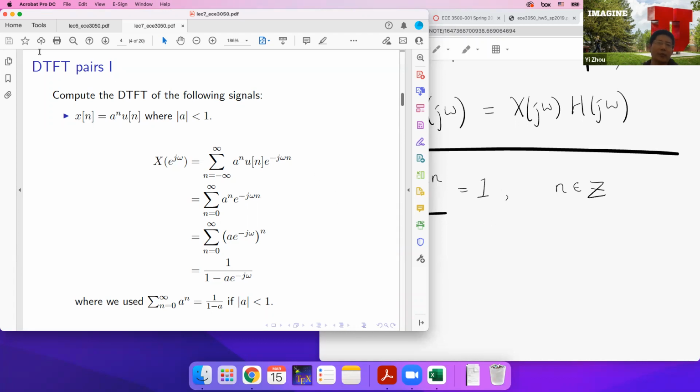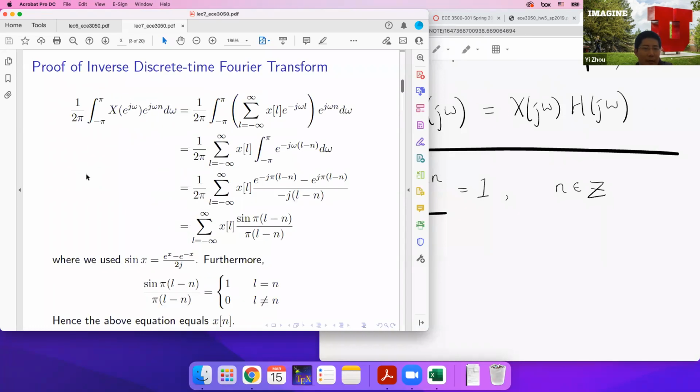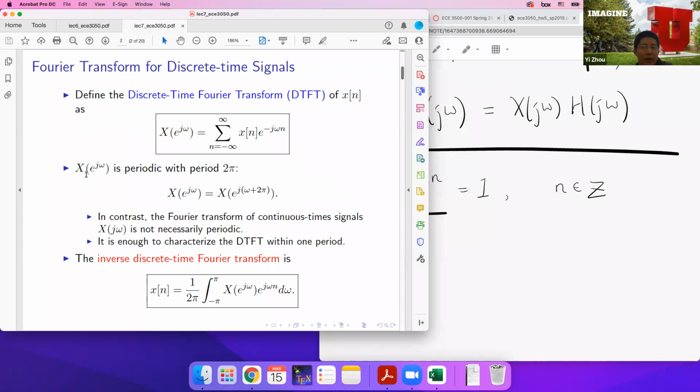So basically, when you compute DTFTs, you will always deal with summations of infinite series. I think there is another example, but I will leave it for the next lecture. As you can see, the DTFT has pretty much the same structure as the CTFT.